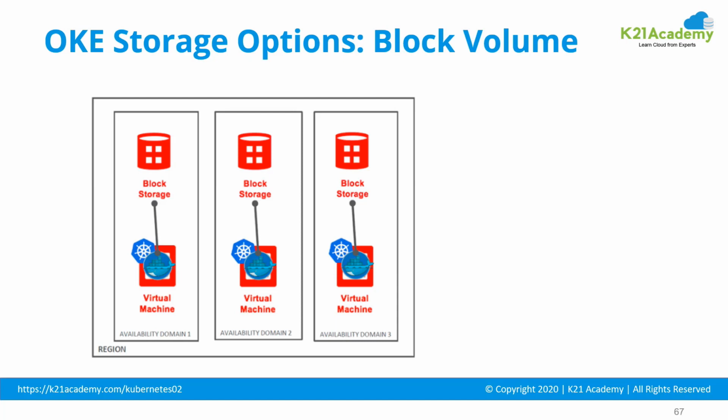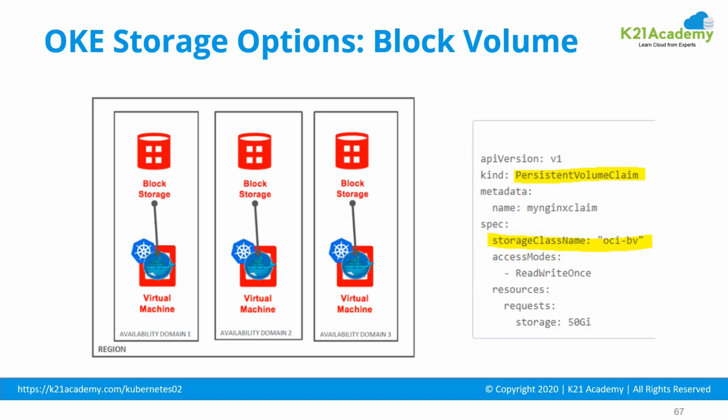The other service I mentioned earlier was block volume. In this case, the block volume is usually tied to one particular virtual machine configured within an availability domain. So here you'll be defining a persistent volume claim, and this time you're giving the storage class name of the storage class which you've already defined, which is OCI-BV, which is block volume.